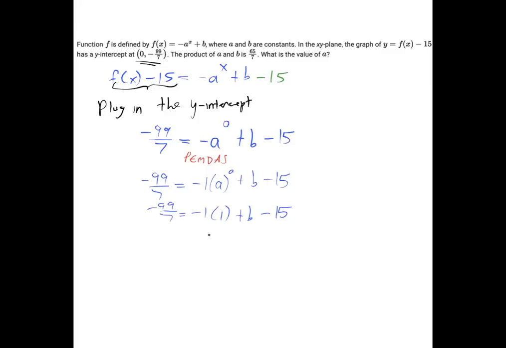And now we can see that this whole thing becomes negative 1. Now we have negative 1 and negative 15, which is negative 16.